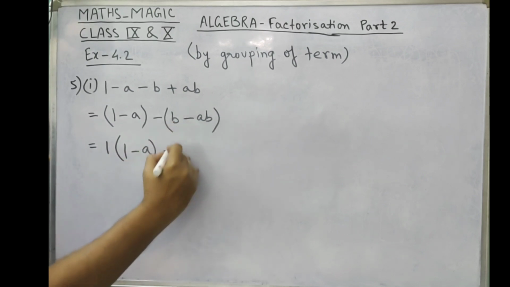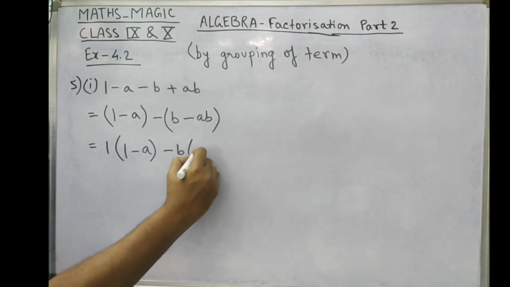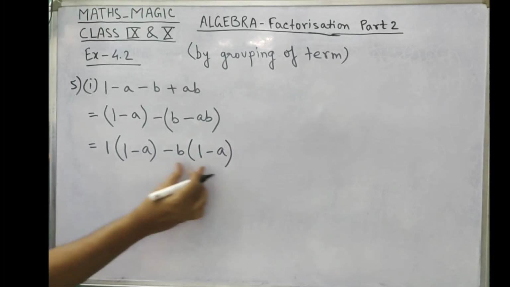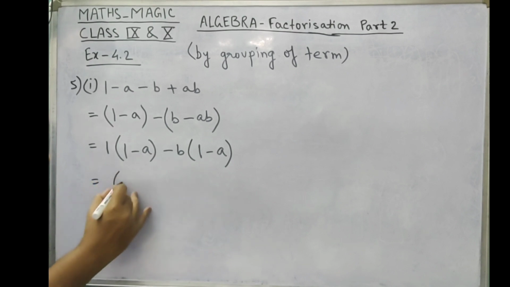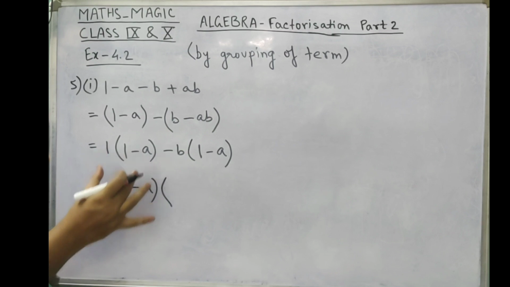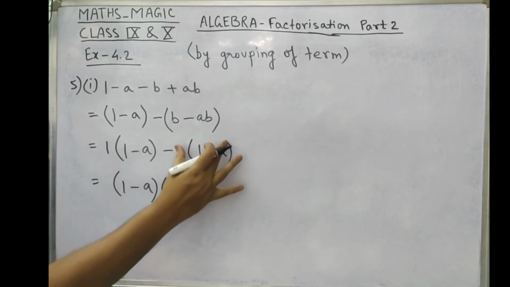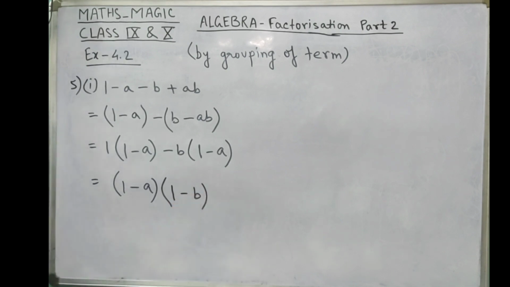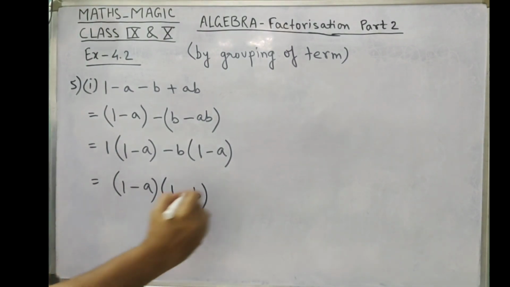Minus here, b is common, I'll take out b, so I'm left with 1 minus a. So now see, 1 minus a common, so 1 minus a common. So this divided by this, I'm left with 1. This divided by this, I'm left with minus b. So 1 minus a, 1 minus b is my answer.